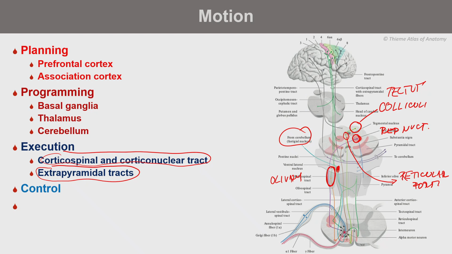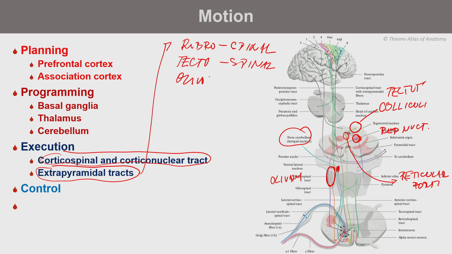So those extrapyramidal tracts could be known as rubrospinal, tectospinal, olivospinal, and reticulospinal.